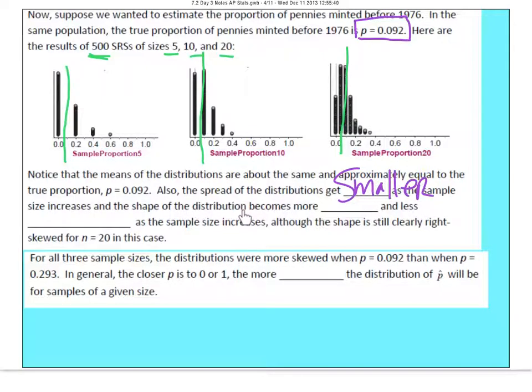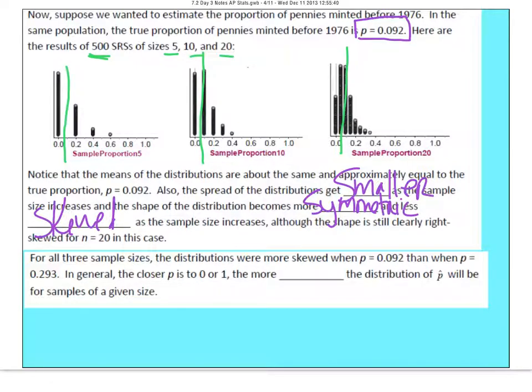And the shape of the distribution becomes, again, more symmetric and less skewed as that sample size increases. Although the shape is clearly right skewed when n is equal to 20 in this case. So it's more of a right skewed shape, fine. But here's the conclusion. For all three samples, the distributions were more skewed when the proportion is 9.2% than when the proportion was 29.3%.